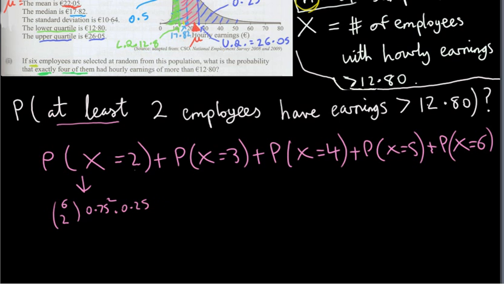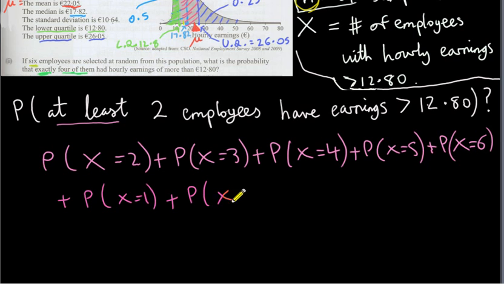However, there's a slightly quicker way we could do this, and that is by recognizing that if we add on to these 5 probabilities the following: probability X equals 1 plus probability X equals 0. So we've covered all the outcomes, all the values that X can take on, from 0, 1, 2, 3, 4, 5 up to 6. That must equal 1.